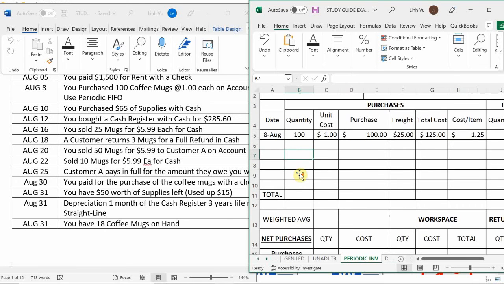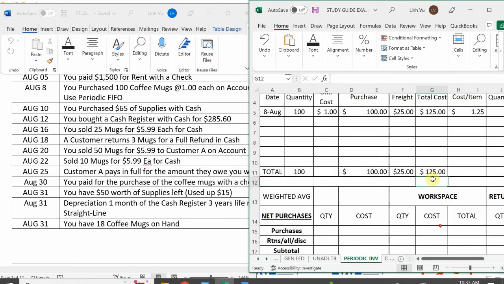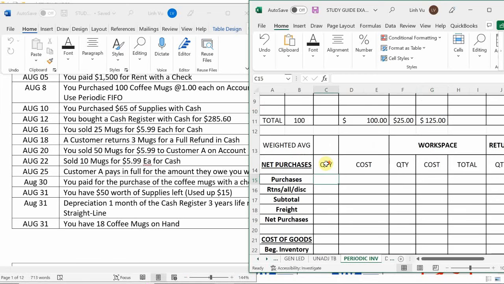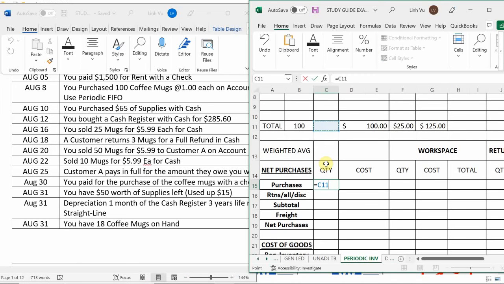I only made one purchase, one batch of inventory purchase: 100 at $100 with a total freight of $25. So here you have a total cost of $125. No returns, no allowances, so your total quantity is still 100.